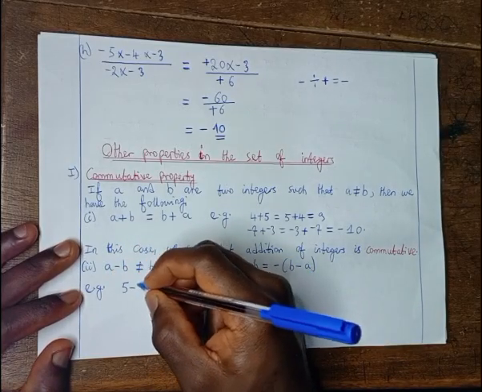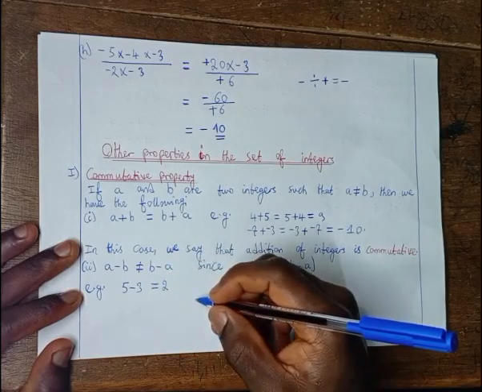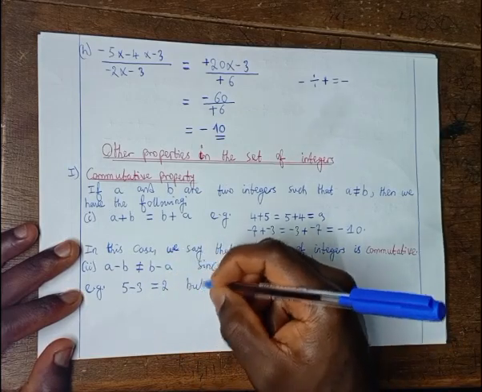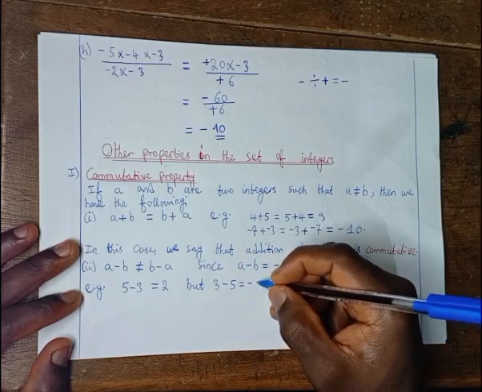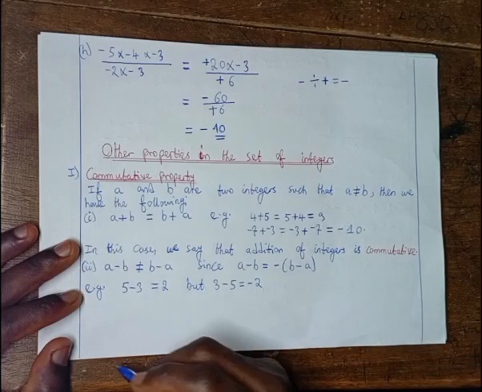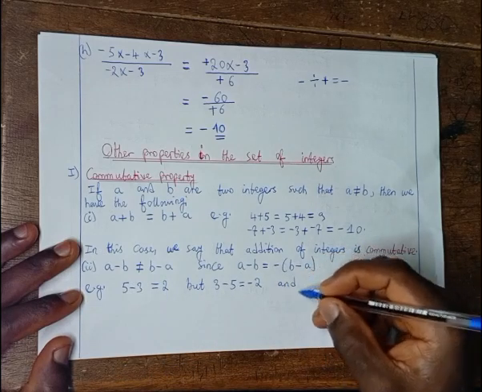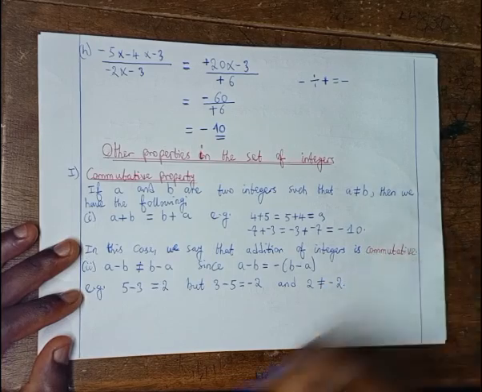You know 5 minus 3 is equal to 2, right? But 3 minus 5 is equal to negative 2. You see that 2 and negative 2 are not the same, 2 is not equal to negative 2.